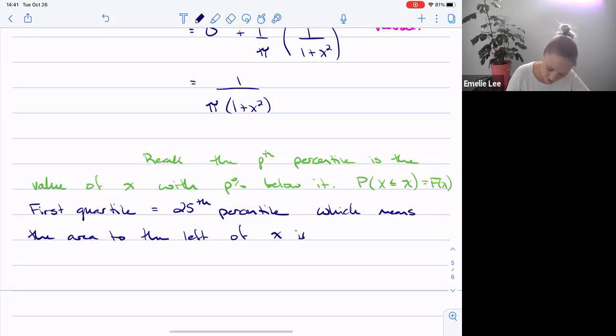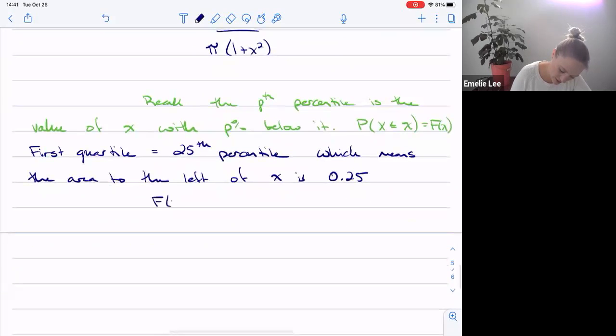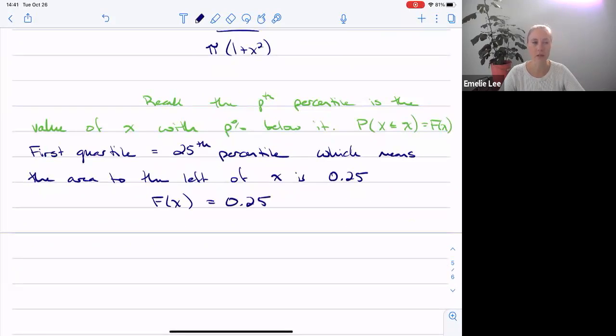So what we're actually trying to find is the value of x where f of x equals 0.25. Okay, so we were given f of x, so then I could solve for the value of x that makes that happen.